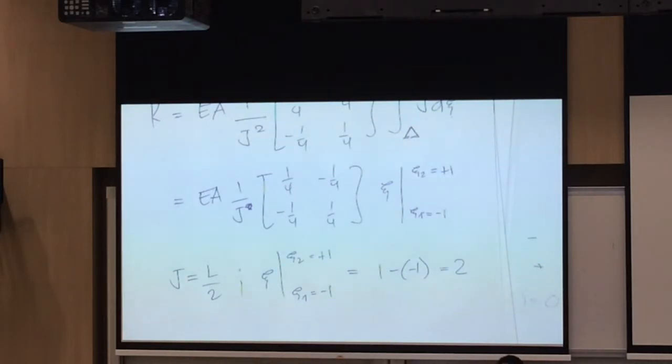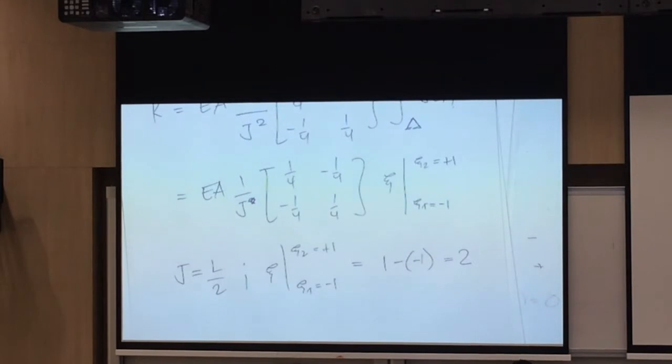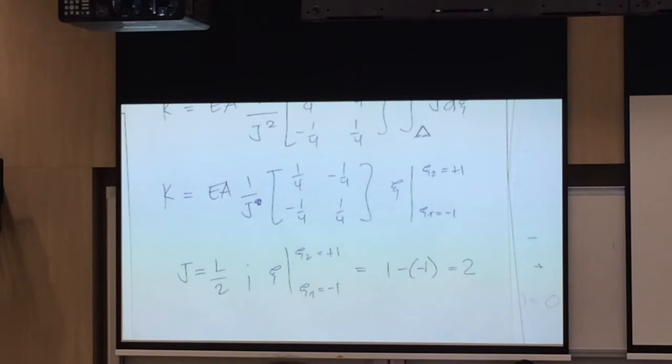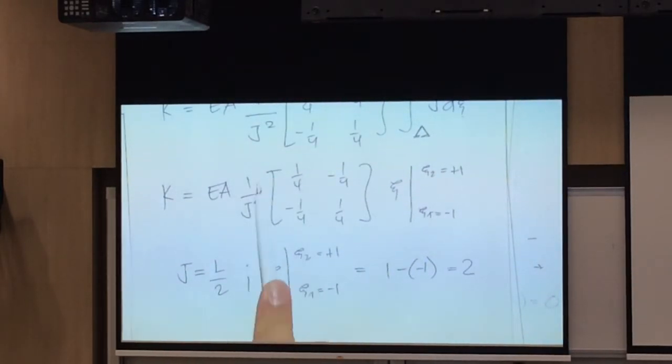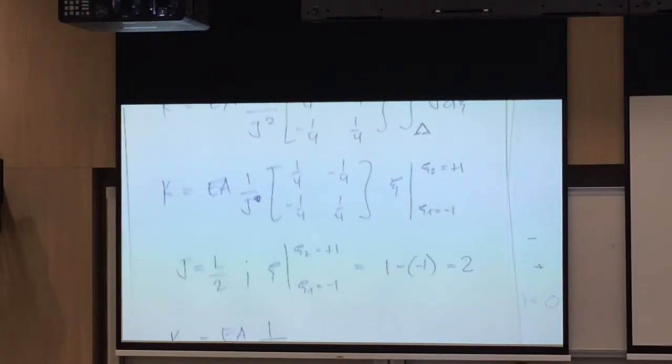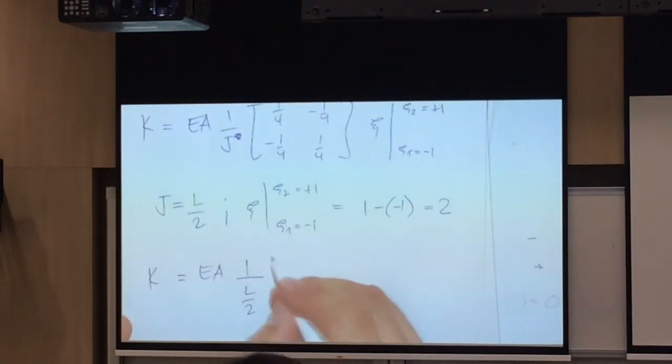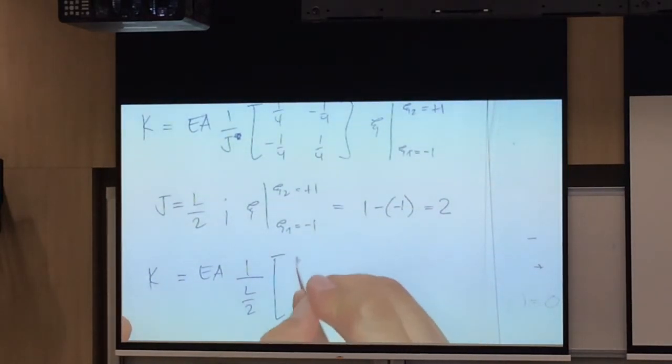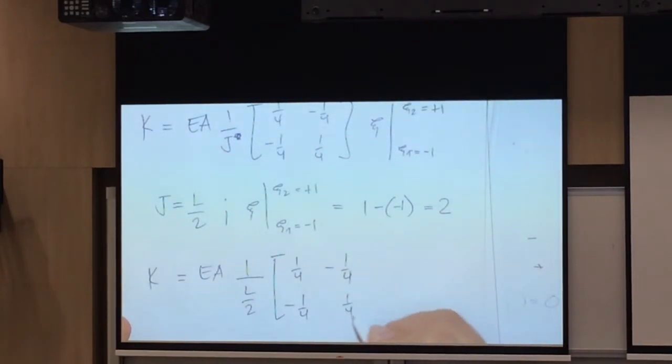Let's continue. Okay, so we're there. This one is equal to 2, this one is L all over 2. So we have now K equal to EA 1 L all over 2, and then we have 1/4 minus 1/4, 1/4, 1/4, and C is equal to 2.